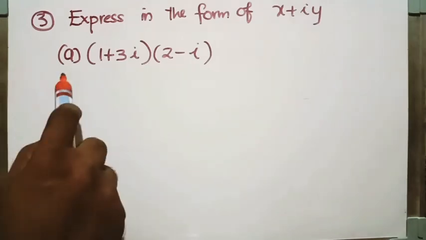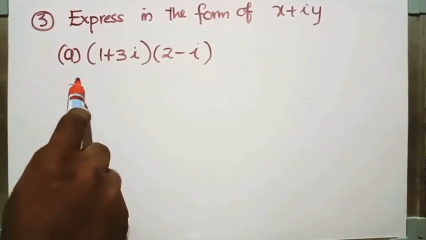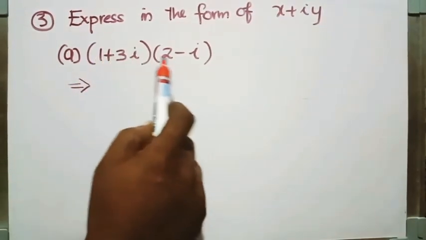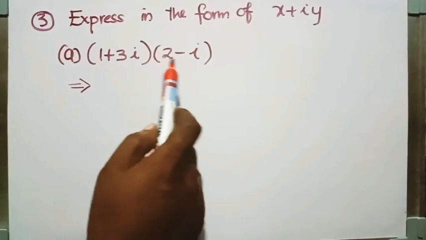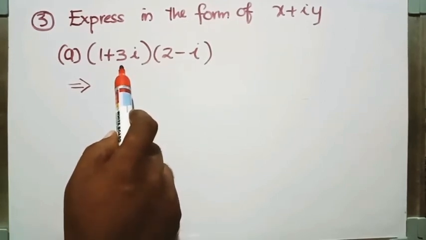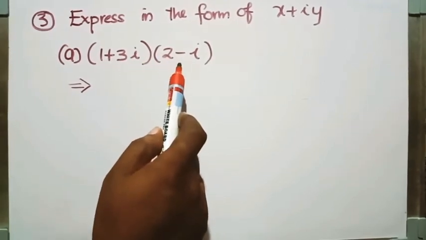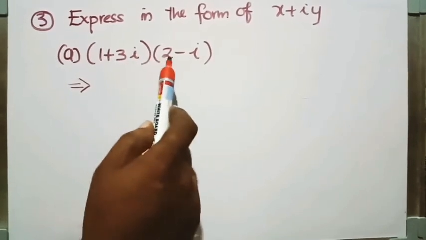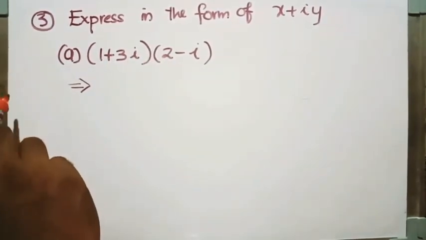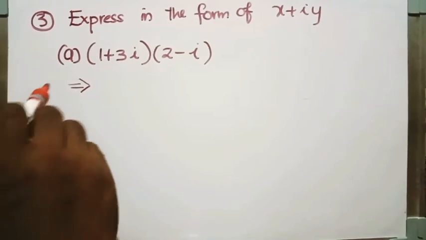So here we have learned in our primary classes, when we get two binomials to be expanded, we need to multiply each and every term. That means expand the bracket.